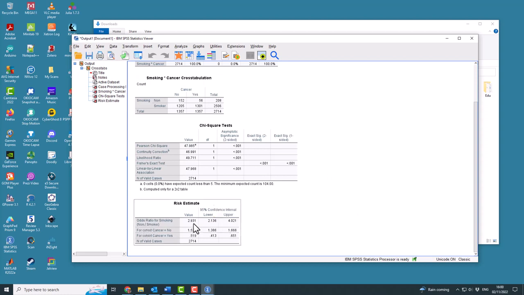The odds ratio tells you the increased odds of you getting cancer for being a smoker compared to a non-smoker, and the increased odds are 2.931. So you're 2.931 times more likely to get cancer by being a smoker than a non-smoker. And that is all you need to do looking at the first data set.